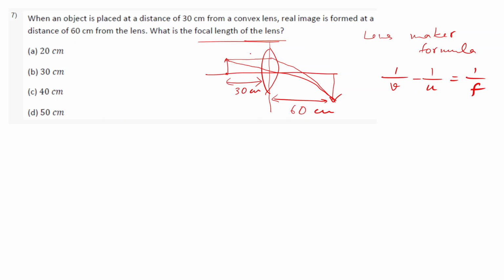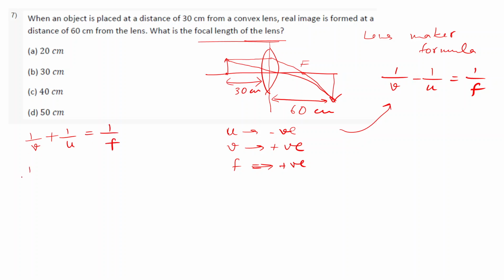Now this is the formula, but first for this particular condition we need to find out the sign convention. So here the object is on the left, so u will be negative, image is on another side, so v will be positive and focal length will be positive here. So taking these into this, our lens maker formula modifies and becomes 1 over v plus 1 over u is equal to 1 over f.